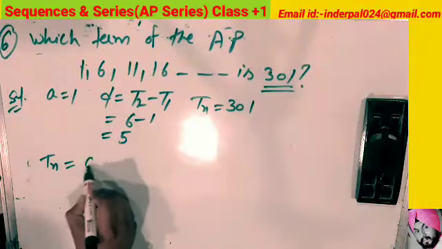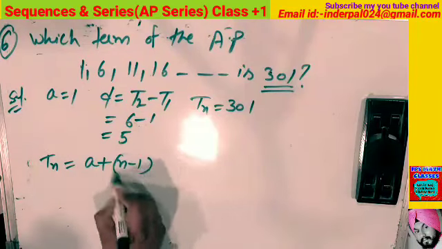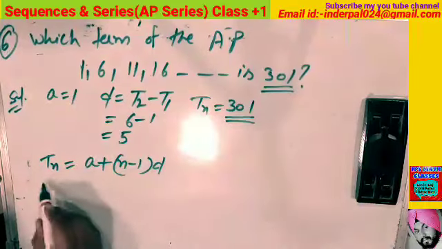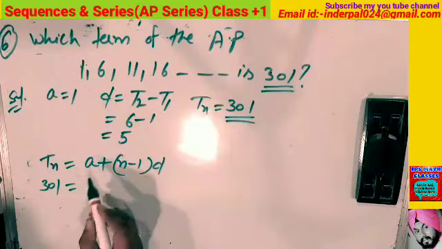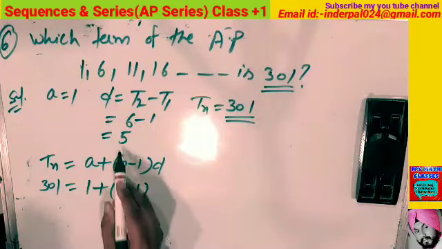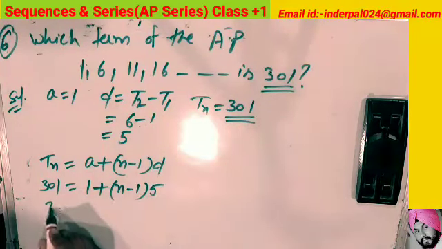Formula of the nth term is a plus (n minus 1) into d. Just putting the value of tn, tn is 301, a is 1, n minus 1, and the value of d is 5.